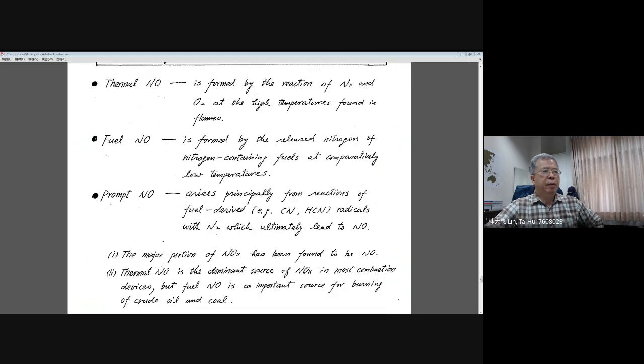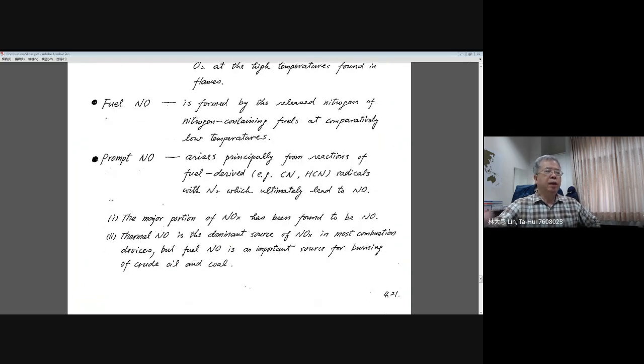And here there are two important characteristics for these three kinds of NO. The major portion of NOx has been found to be NO, okay?